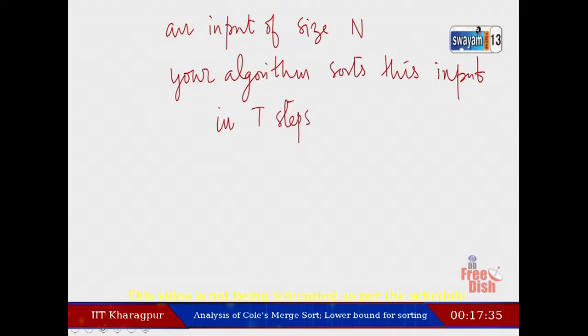So this is an adversarial argument. You suggest an algorithm that sorts an input of size capital N in capital T steps, then I claim that this N and T should satisfy the claim. For this purpose, I, as an adversary of your algorithm, will try to make it work badly. To this end, what I do is this: consider the first step of your algorithm.